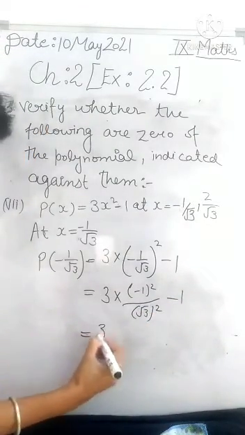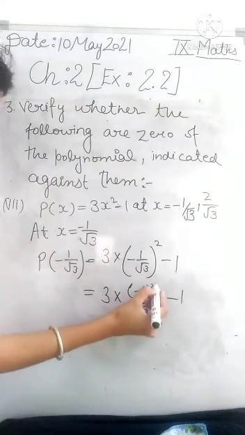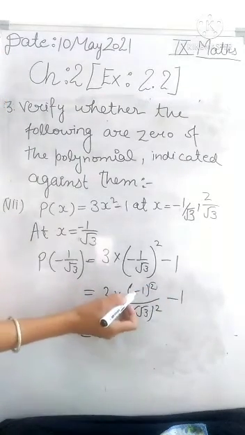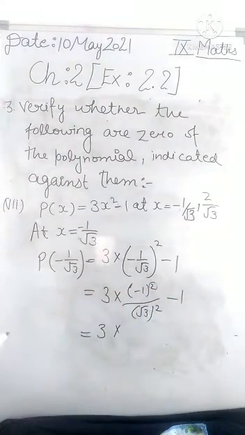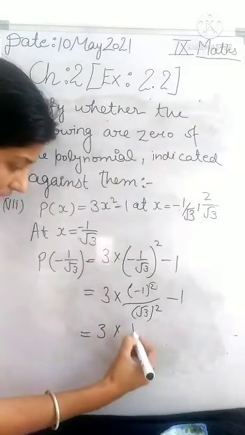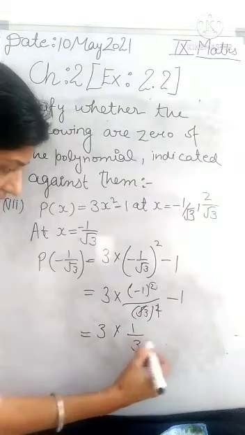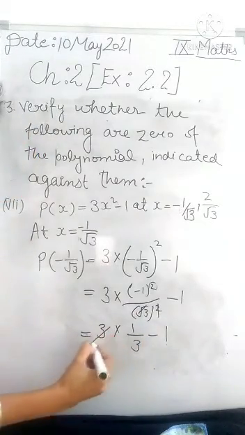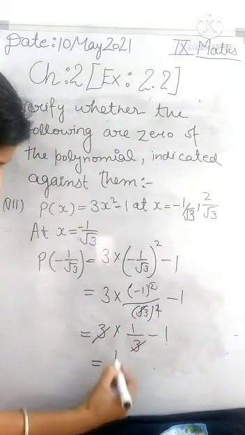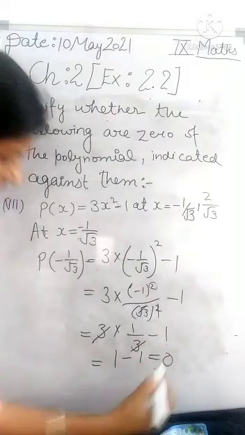And in the next step, 3 multiply, when the power is even, clear? Then this negative sign is eliminated in the answer. So this will be 1 divided by, and I cut this square with this, under root 3 minus 1. This 3 is cut with this. I get 1 minus 1 which is 0.